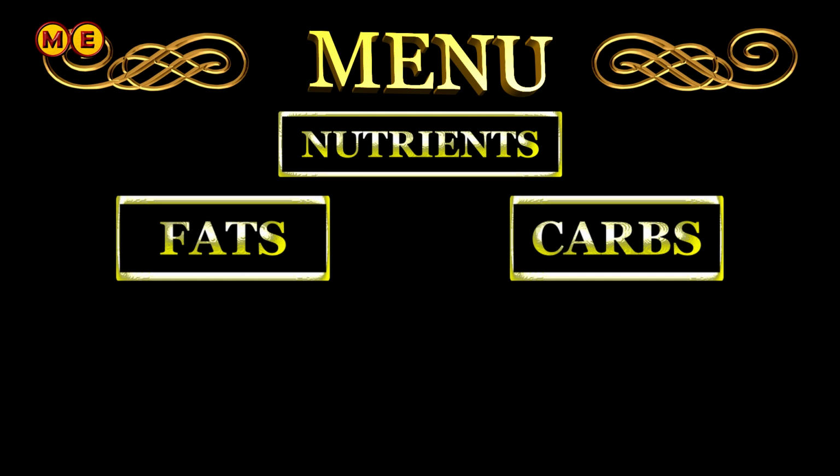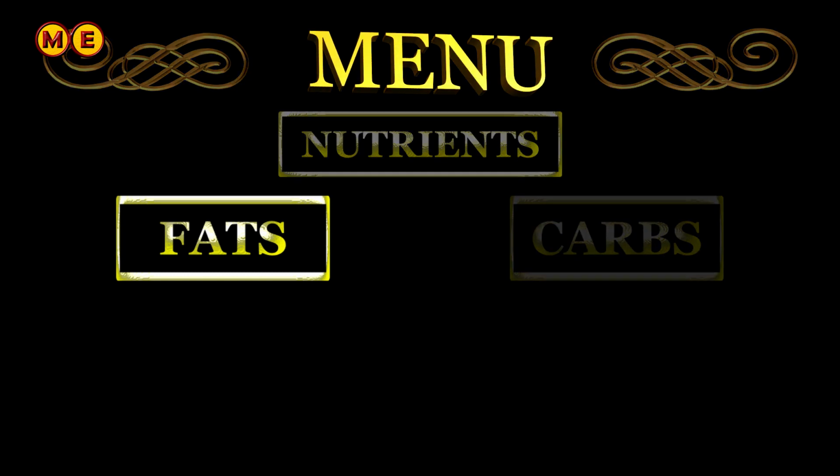And because these are the two main sources of energy for our body, we usually say that we either burn fats or burn carbs. But unfortunately, things are not so easy and simple, because we have different types of fats and different types of carbs, and we have to look at them in more detail.